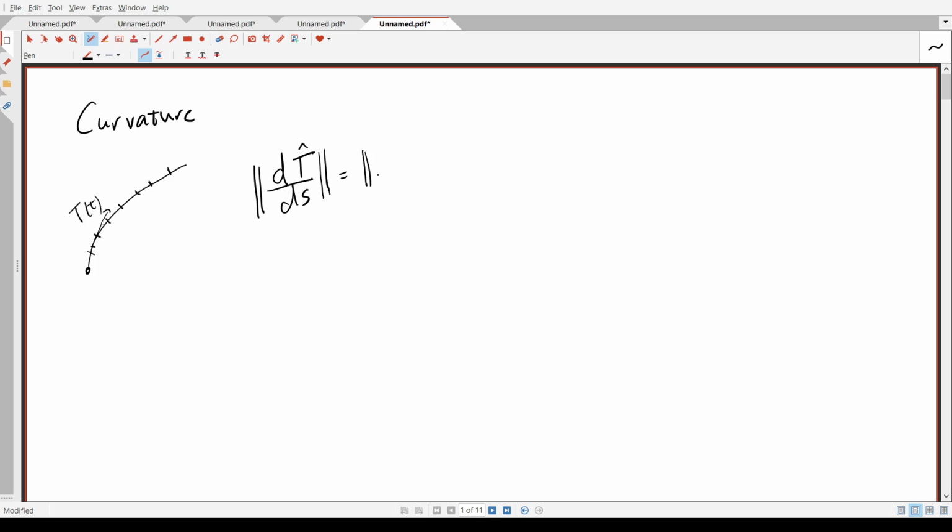So I can use the chain rule, and that gives me dT/dt times dt/ds. Okay, so this is a vector, this is a scalar. I can bring it out in front if I take the absolute value.